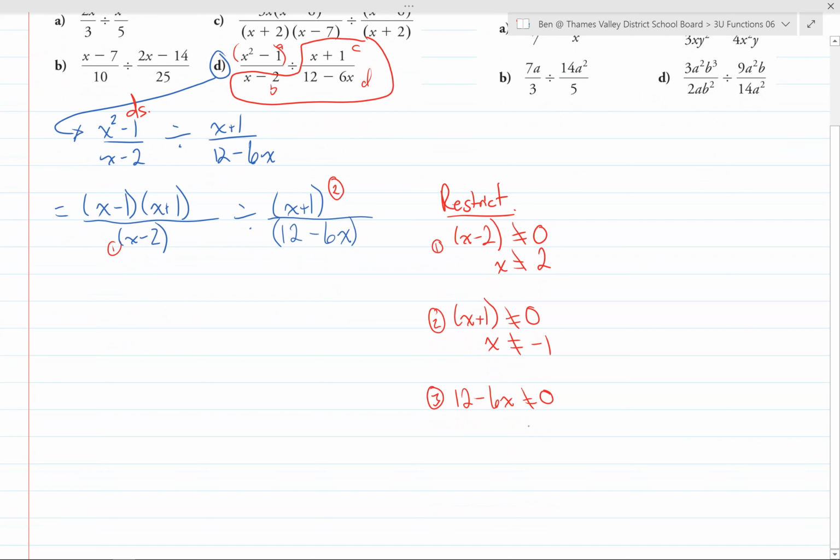I can rearrange this so I can add, I can subtract, let's add 6x to both sides, leaving me with 12 cannot equal 6x. I can divide both sides by 6, telling me that x cannot equal 12 divided by 6. 12 divided by 6 is 2. So there's my third restriction, x cannot equal 2.